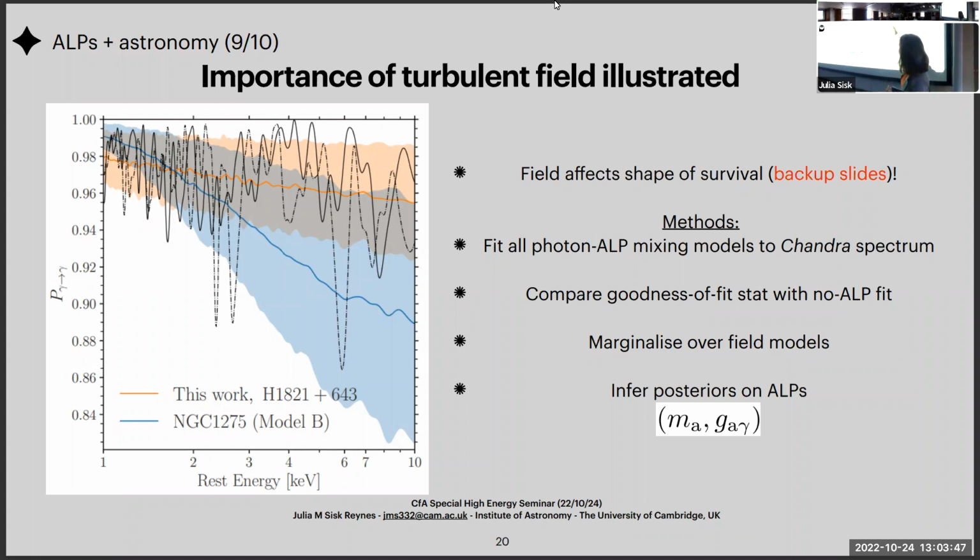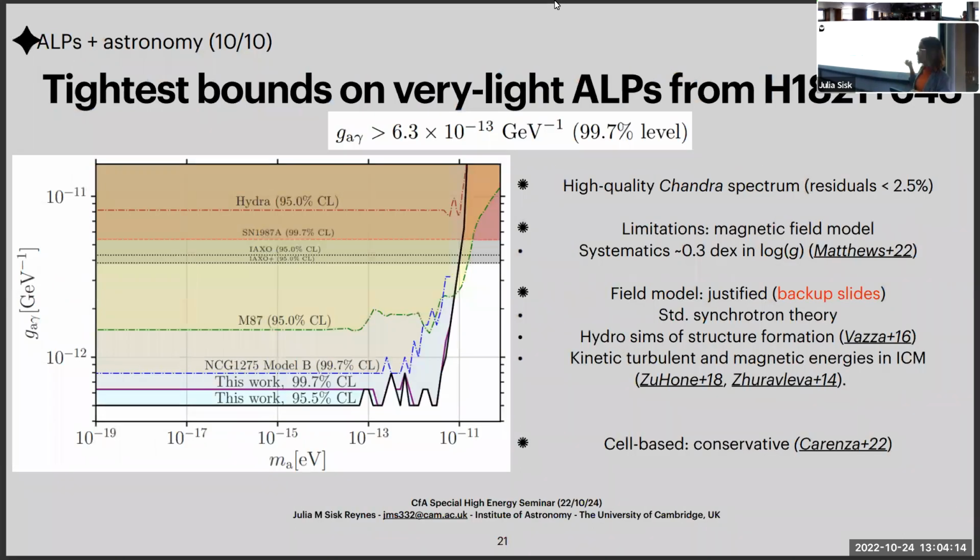We then compared the goodness of fit statistic of the astrophysics-only model to each of these axion models, and marginalized over the magnetic field configurations that we had used. We were then able to infer the posteriors on axion parameters to set exclusion bounds on these particles. And this is the main product of our work.